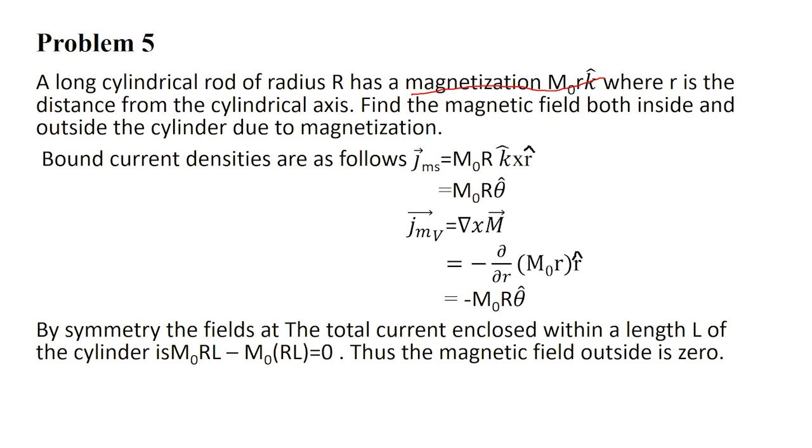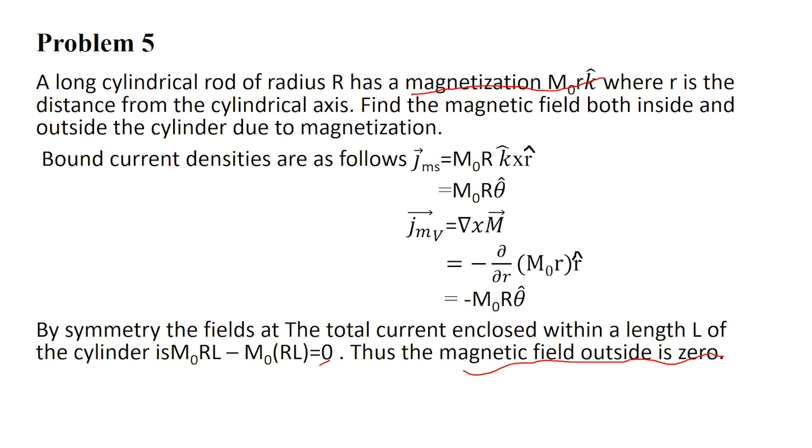By symmetry, the total current enclosed within a length L of the cylinder is M0 R L minus M0 R L, which cancels to give 0. By this, the magnetic field outside is 0.